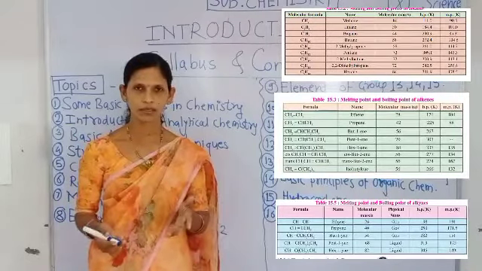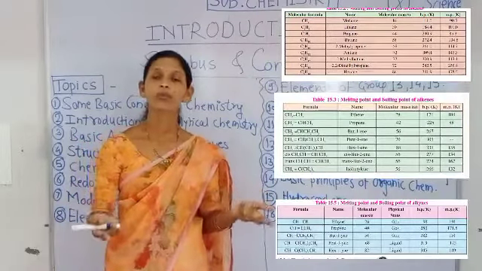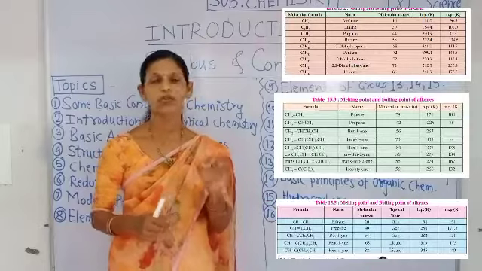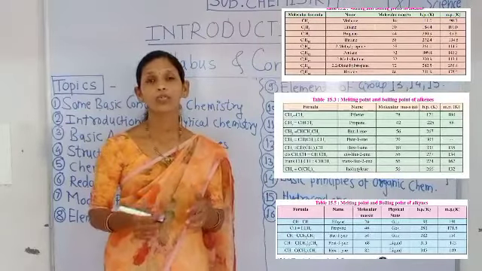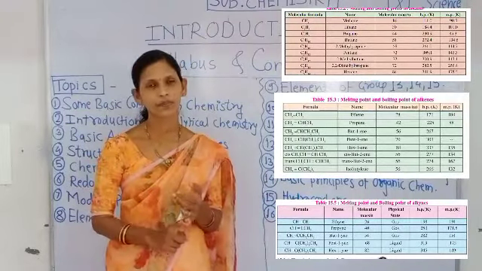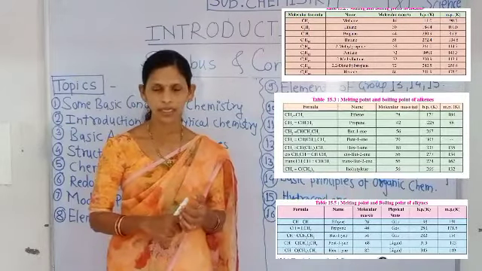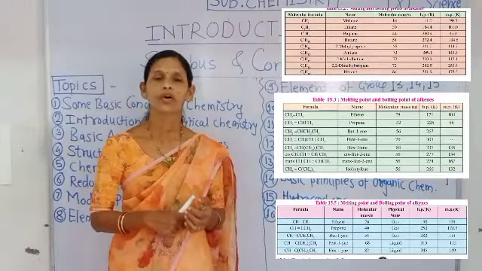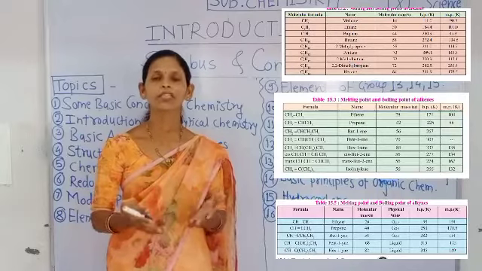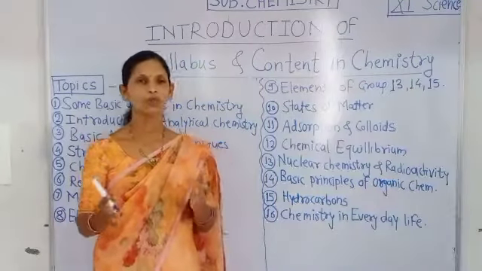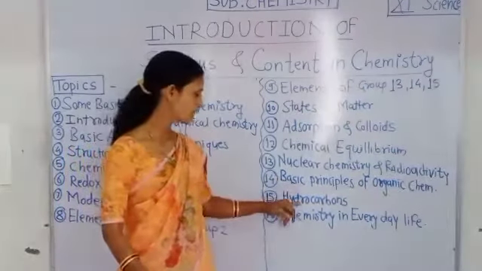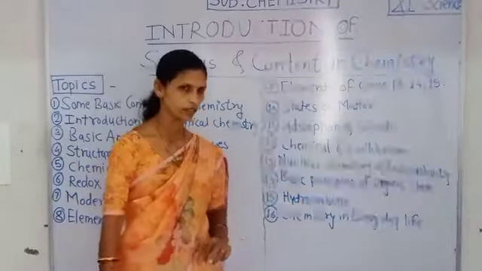Ethyne, propyne, butyne are a few examples of alkynes. We will study the IUPAC nomenclature, structure, geometry of those hydrocarbons, as well as preparation methods and chemical properties of those organic compounds.